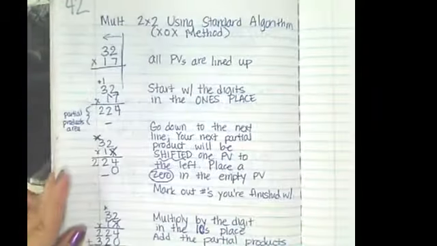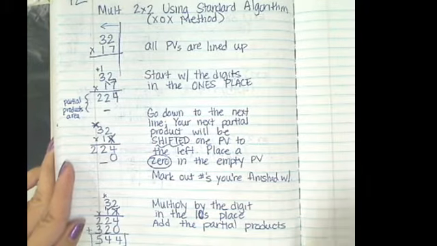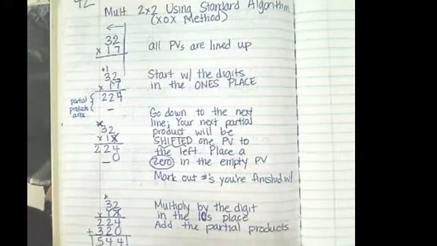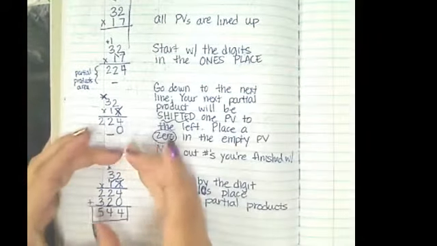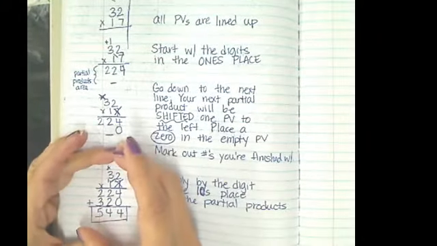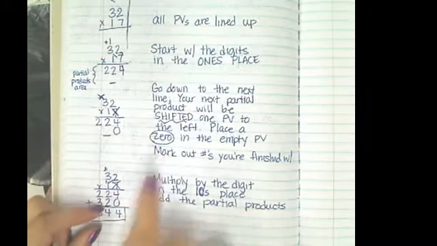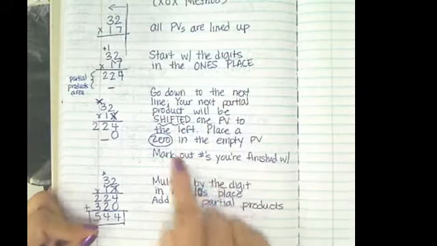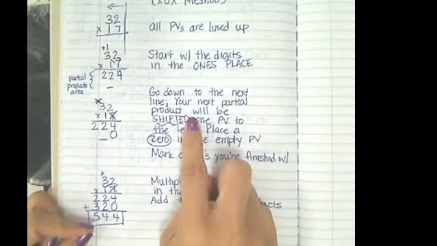Today, what we did was the standard algorithm, which I call the XOX method. So this is the way that most adults know how to multiply. We use the least amount of space. There's not a lot of drawing or any kind of drawing going on at all. But just remember, this middle section right here, this is the most important part. This is where you're going to make your most mistakes.